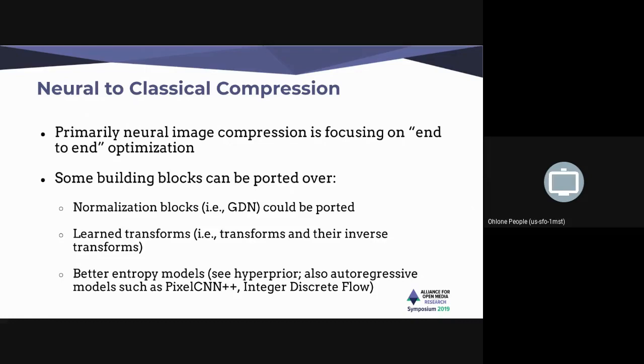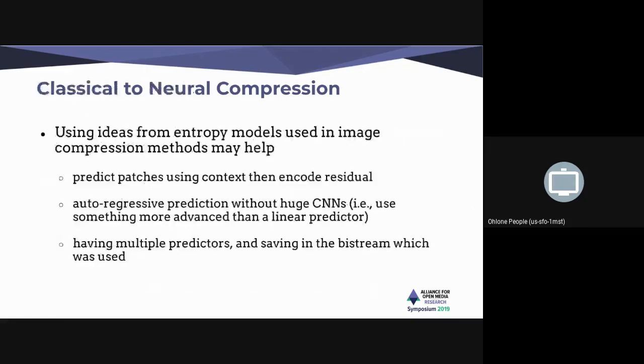But maybe if you do it at a coarse enough level, it's still fine, or predicting many symbols at once. There are other methods that I would like to encourage you to look into, such as integer discrete flows, which by their very nature use integers. So they are safe from a compression standpoint, and they allow you to model very complicated distributions very nicely.